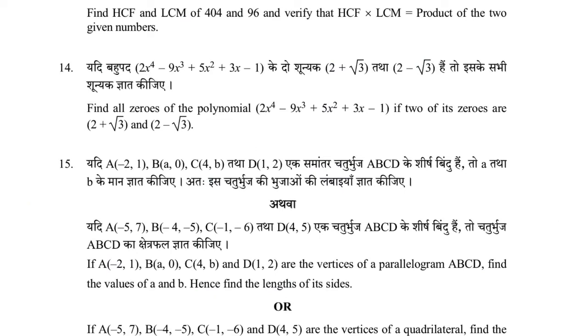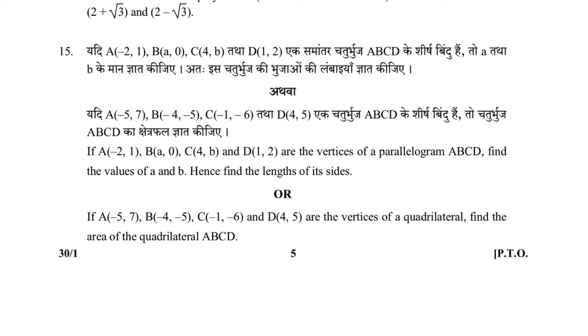15th question. In this, we are given the coordinates for ABCD, which are the vertices of a parallelogram, and we need to find the value of a and b. And also we need to find the lengths of its sides. In this question, we are given a parallelogram ABCD.